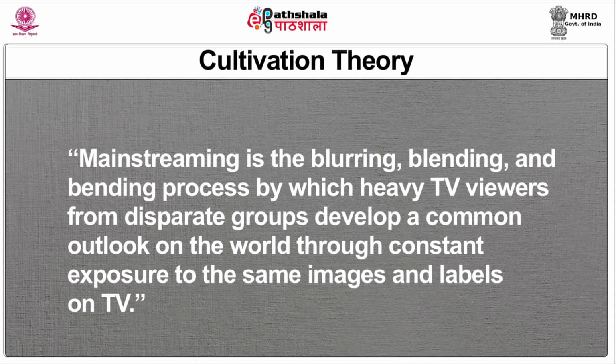It directs the perceptions of people from different backgrounds into the same central current. So it can be understood that mainstreaming is the blurring, blending and bending process by which heavy TV viewers from disparate groups develop a common outlook on the world through constant exposure to the same images and labels on TV.